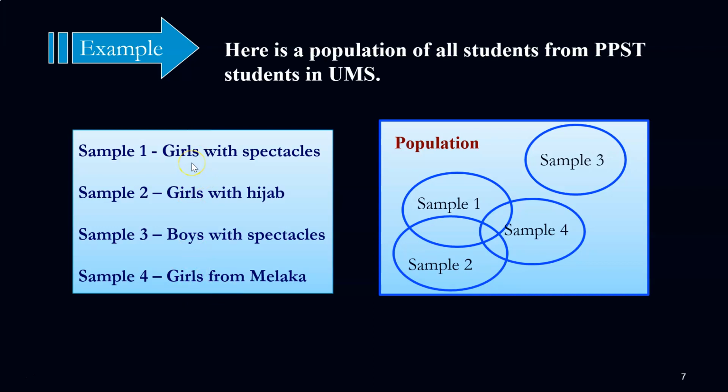The samples involve girls. So you can see that the Venn diagram is overlapping. While sample 3 is outside. Dia tidak bercampur because sample 3 involves only boys. Okay, so this is how you draw your Venn diagram. So this is what it means by population and also sample.